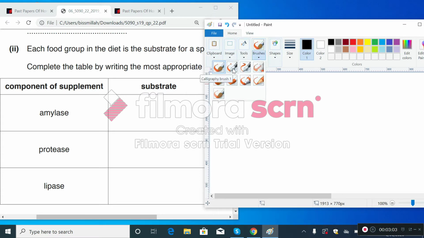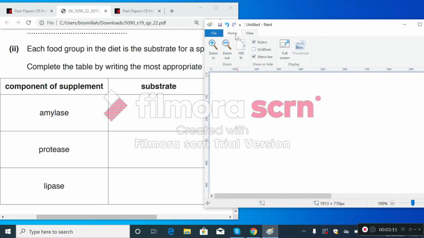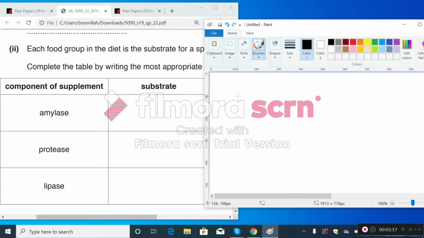So in our answer we will write starch over here. The answer is starch.